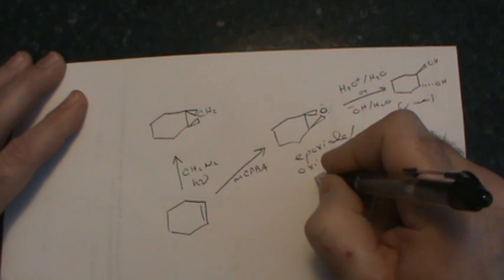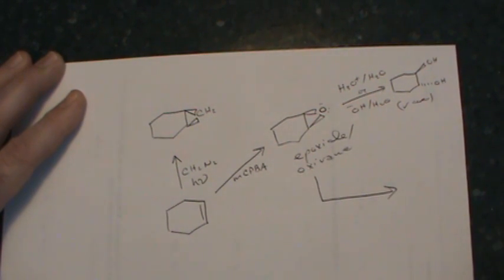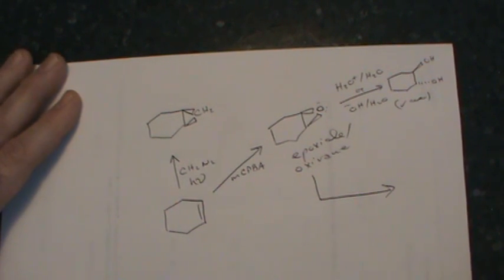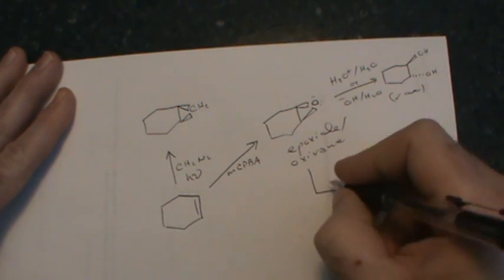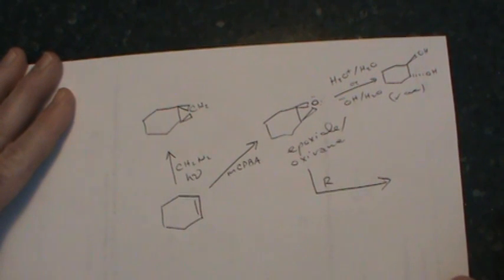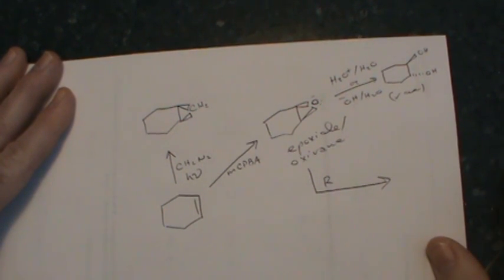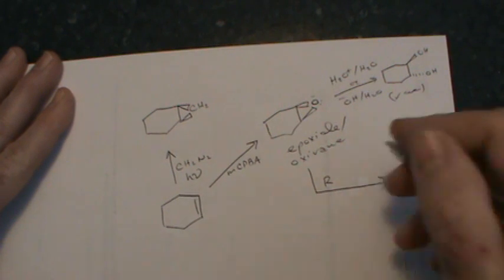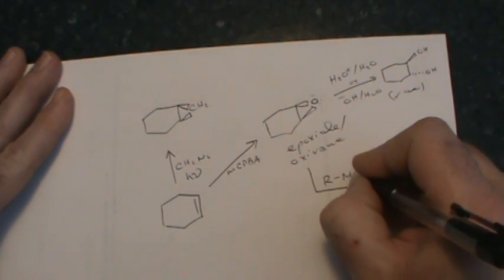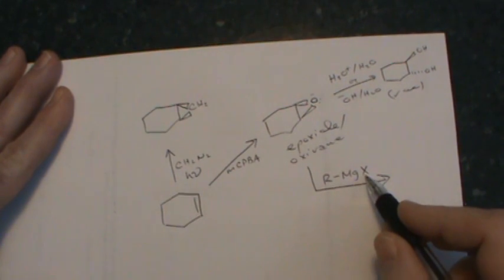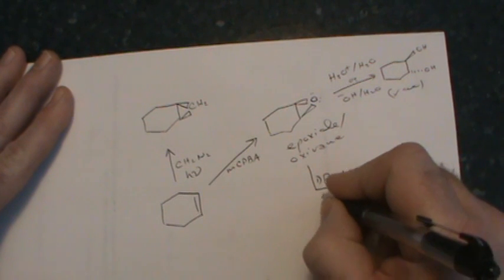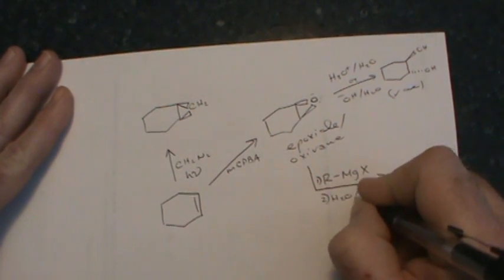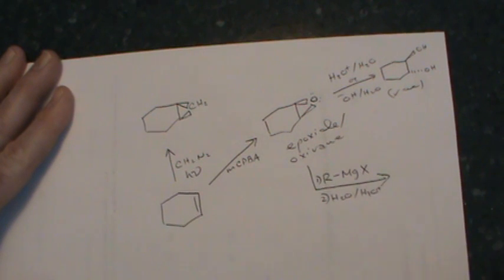It is also possible to take this oxirane and react it in other ways. We've talked about the fact that since it's so reactive, strong nucleophiles will ring open the three-membered ring. And so, for example, we could use a Grignard reagent or an organolithium. It doesn't really matter what the organic component is. It would be something, either a methyl, ethyl, propyl, phenyl, what have you, but we'll be generic about it here, and we'll just say RMgX, where X is either chlorine or bromine in the first step, and in the second step, H2O, H3O+ to quench the alkoxide that's formed.